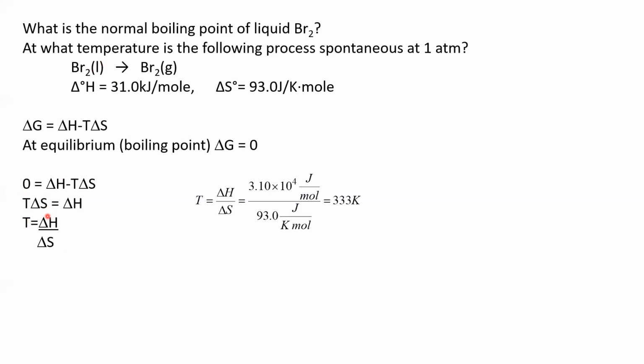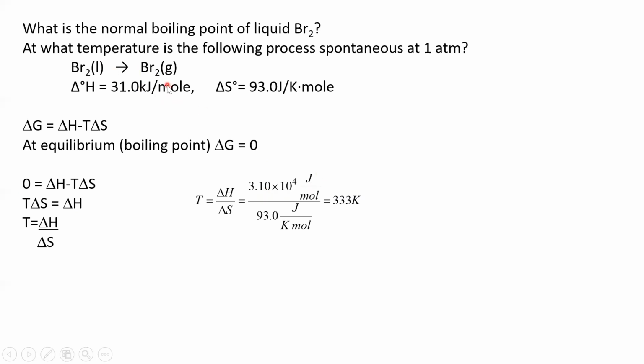Now we're going to substitute in our information. So delta H, we're going to substitute in. Now I changed the units. Since this is joules per mole Kelvin, and this is kilojoules per mole, I just changed this to joules so the units are the same. So I multiplied it by 1,000. So 3.10 times 10 to the 4th joules per mole.